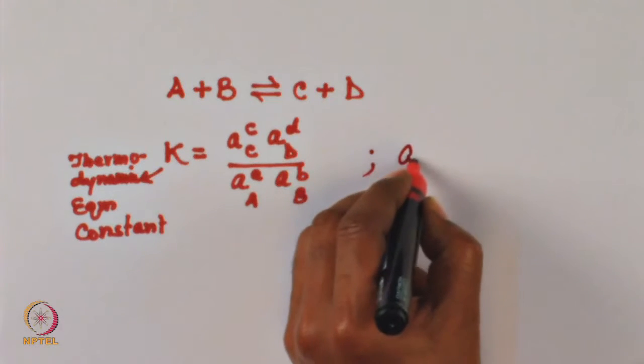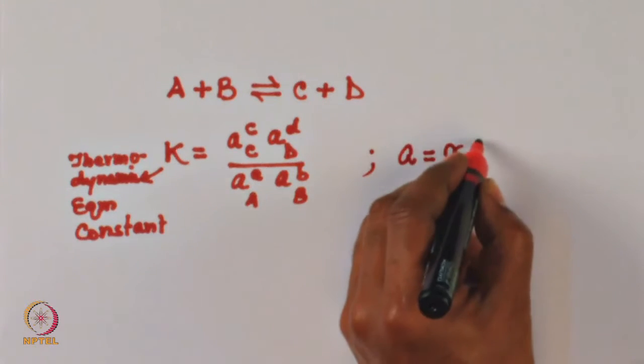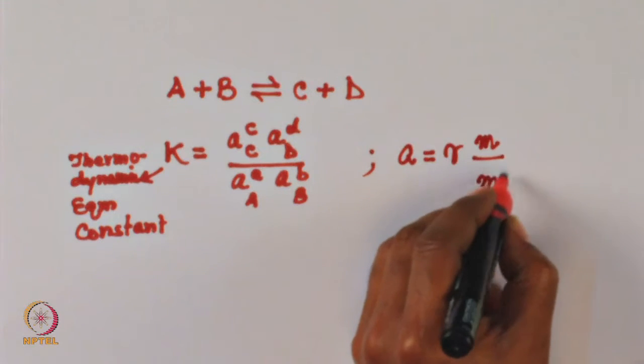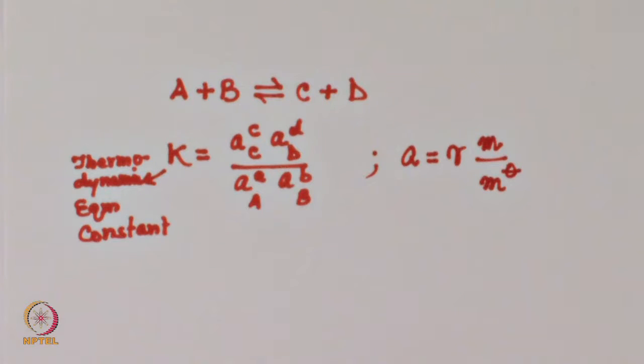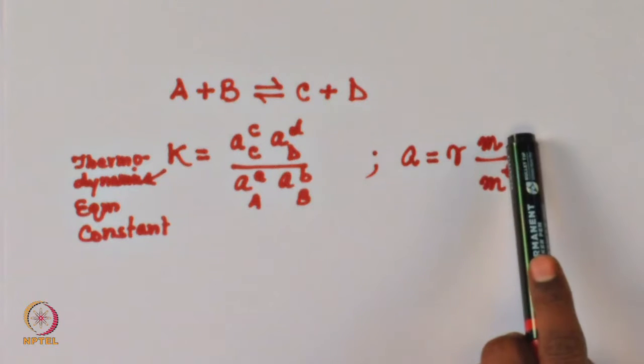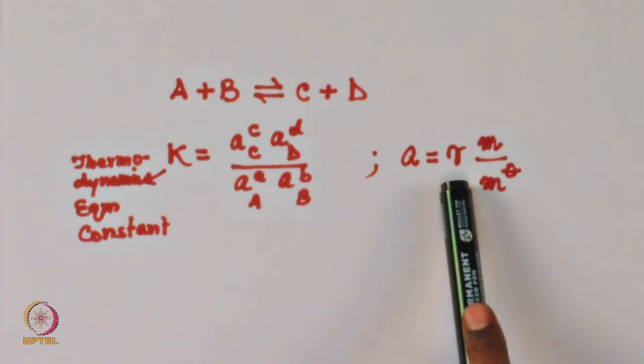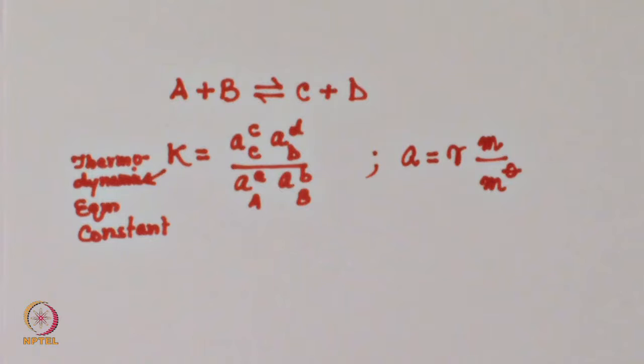And we know that molarity or molality or mole fraction can be connected to activity, and the connector is activity coefficient.